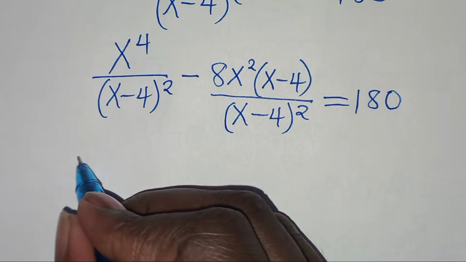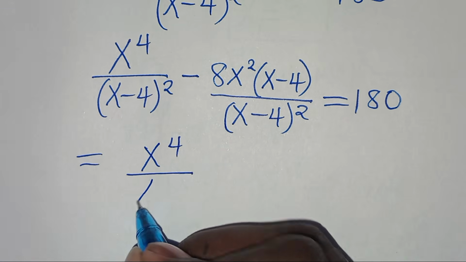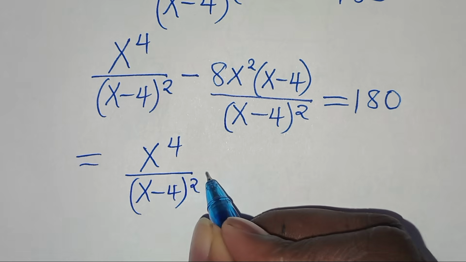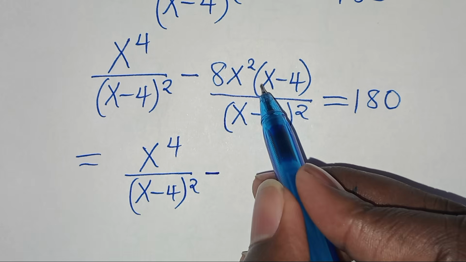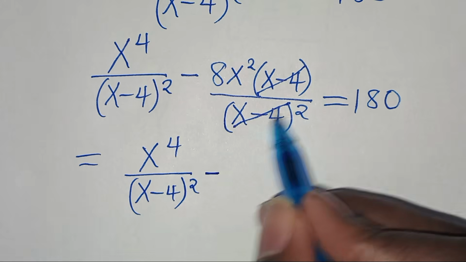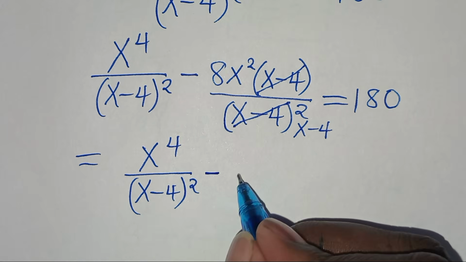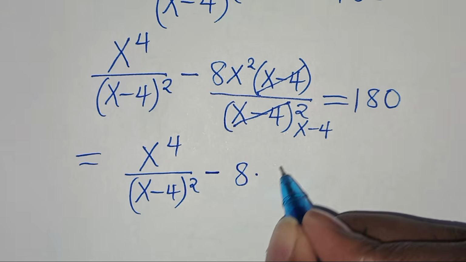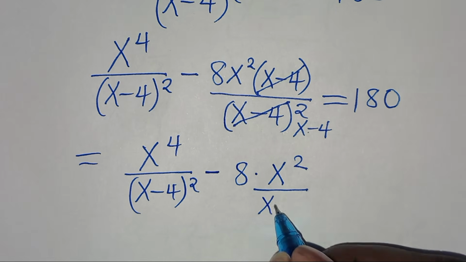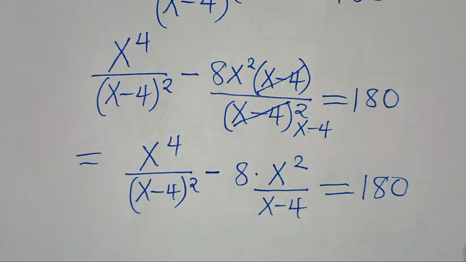So this means that here we have x to the power of 4 divided by (x minus 4) raised to the power of 2. Then subtract. Now let's simplify here. (x minus 4) and (x minus 4) here simplify. So we remain here with only x minus 4. So we have 8 multiplied by x squared divided by x minus 4. This is equal to 180.